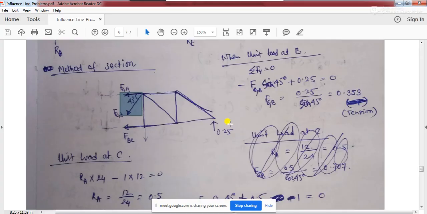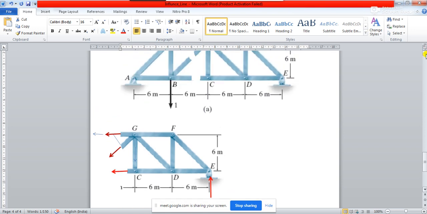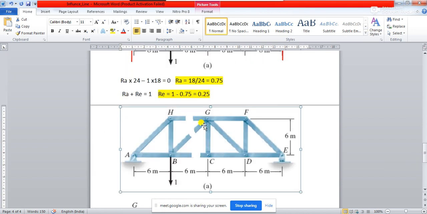So, next point. First, for the position of the load at B, you have calculated the value of force in the member GB.